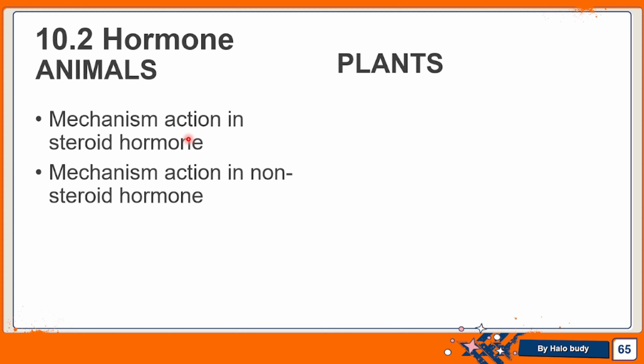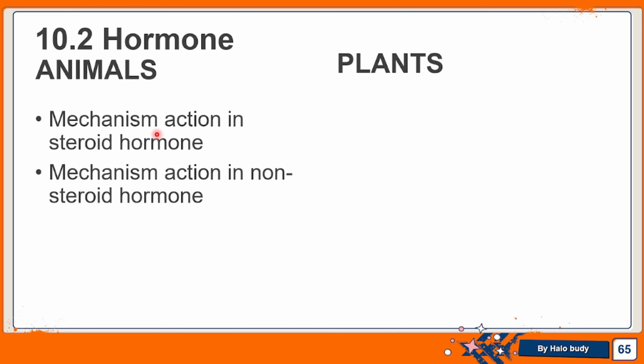How can insulin bind? Like progesterone, how can progesterone bind? It binds to the ovary cells. How about glucagon? You need to know the action, but this is just basic, not the real mechanism. If you want to learn the real mechanism, different types of hormone have different mechanisms. But this is the basic general mechanism between steroid and non-steroid hormones.